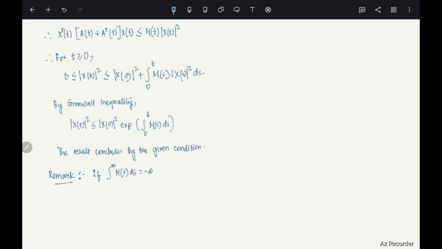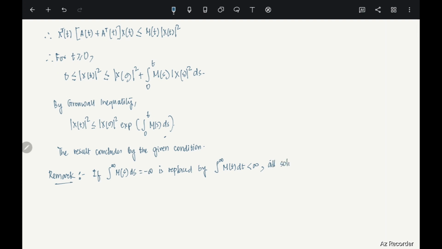Now, if we are replacing this condition, and the integral of m(t) dt is finite, it doesn't have to be minus infinity, but it's basically finite. If you have that, then what can you say? From exactly this thing, if this is finite, then the exponential of that part is going to be finite. So basically, all solutions x(t) remain bounded. Right? That's what it is saying.